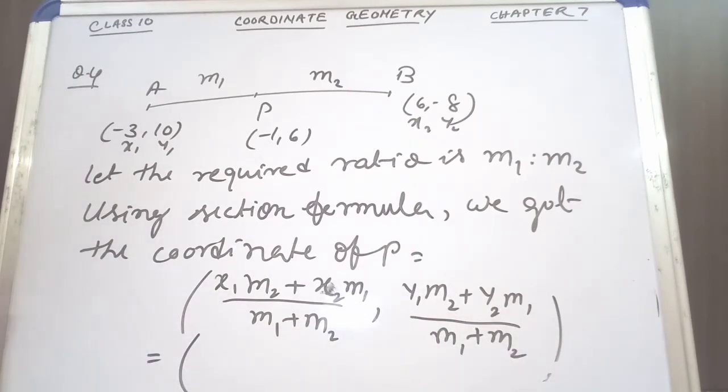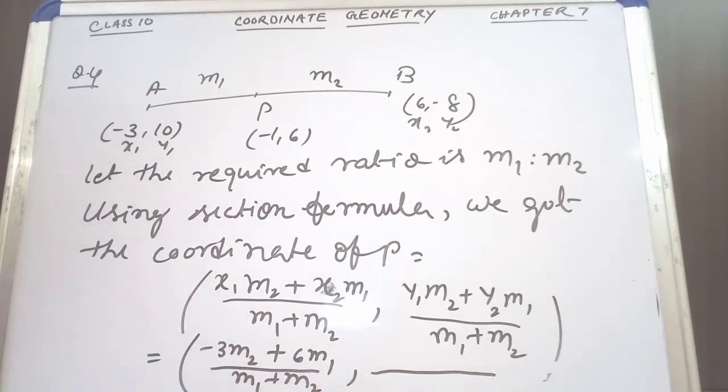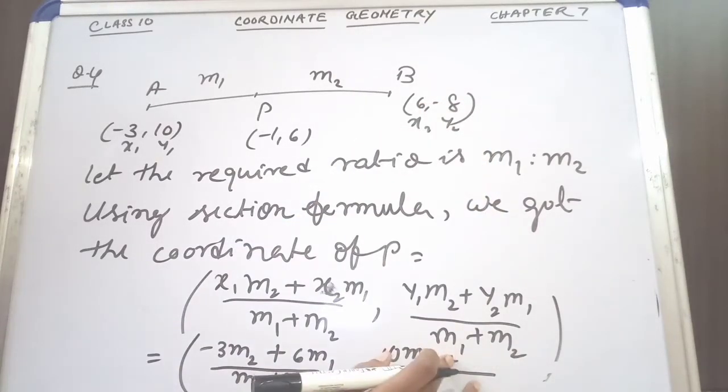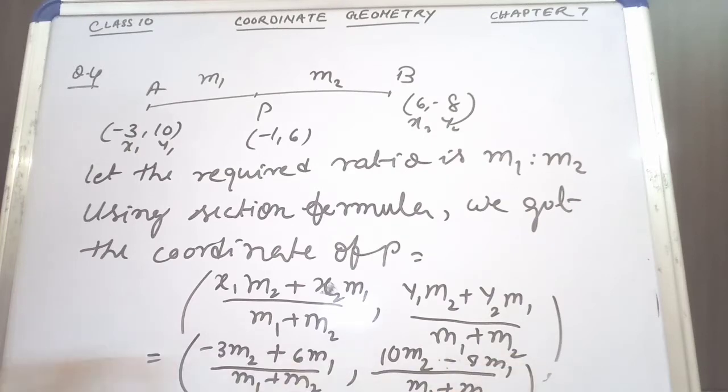x1 m2 means minus 3 m2, plus x2 m1, x2 means 6 m1, by m1 plus m2. y1 m2, y1 means 10, so 10 m2 plus y2, minus 8, that means minus 8 m1, upon m1 plus m2.